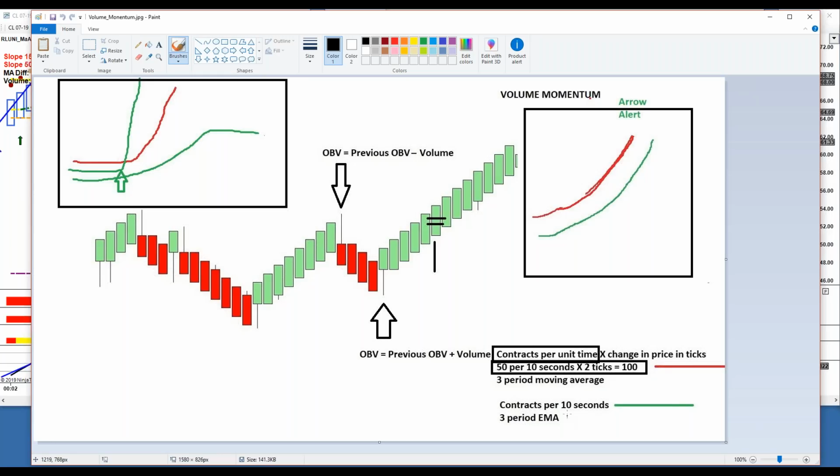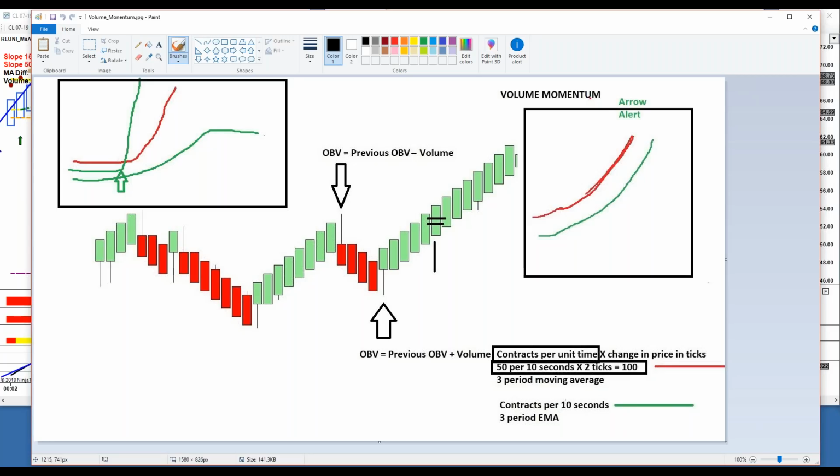Now, we may use 5 seconds. We may use 15 seconds. I'm not sure yet exactly how much time we're going to use, but it's going to be very quick because we want to catch an institutional move before price moves.